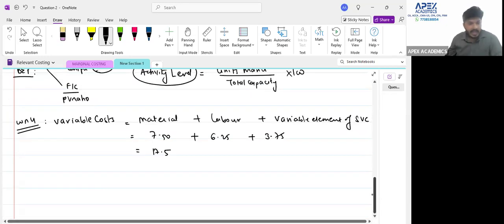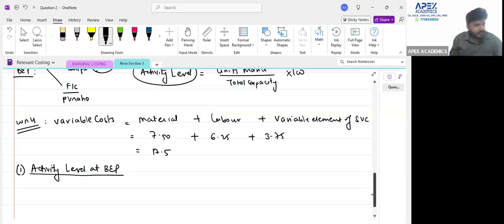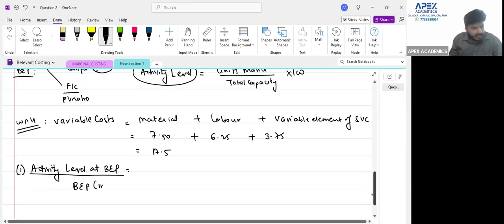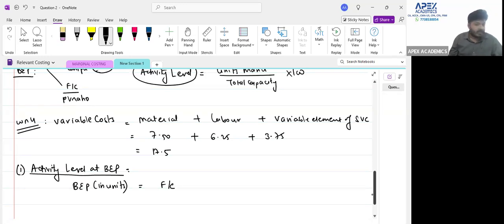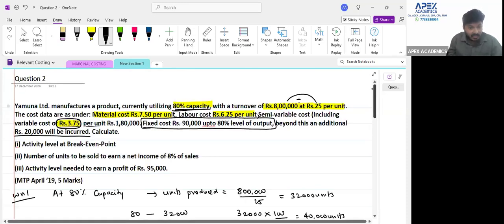Now can I calculate activity level? Now your first answer. What is your first answer? Activity level at break-even point. First of all, break-even point in units based on the given data. Now, what is my fixed cost? Here, you need to understand that my activity level at break-even point will be based on whatever is my existing data.